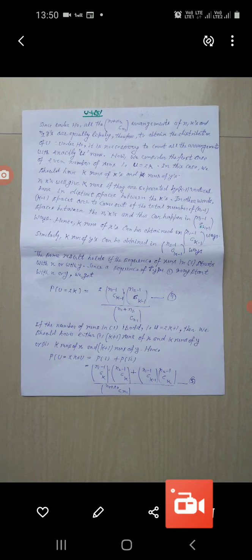Now since under H naught all the (n1 plus n2) C n1 arrangements of n1 x's and n2 y's are equally likely, therefore to obtain the distribution of U under H naught, it is necessary to count all the arrangements with exactly u runs.